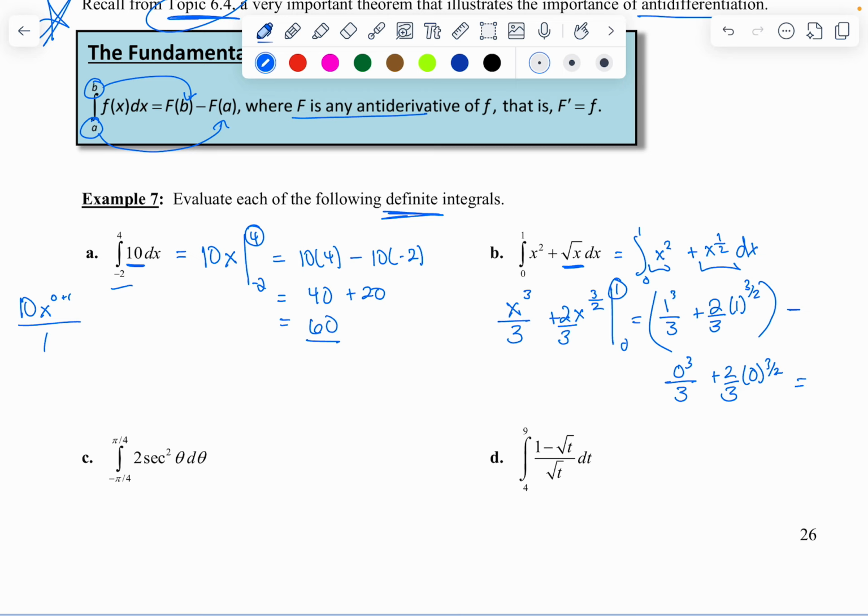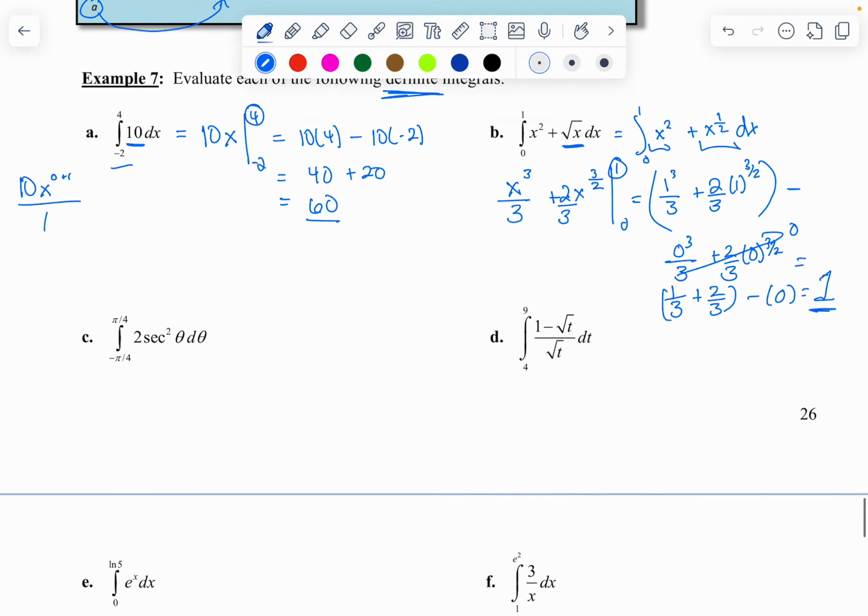And of course, this gives us 1/3 plus 2/3, and this bottom one ends up being 0. So minus 0. Do the math. You get 3 over 3, which is 1. So the area under this curve from 0 to 1 is 1. And we can check that graphically if we needed to with a calculator.